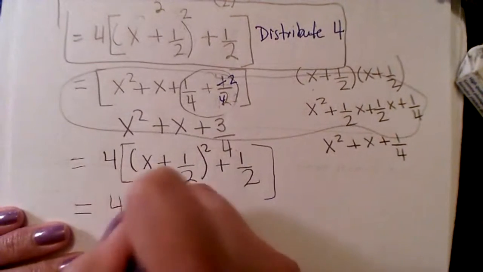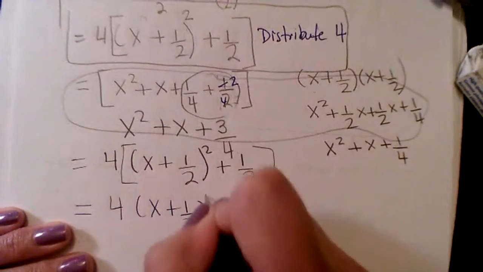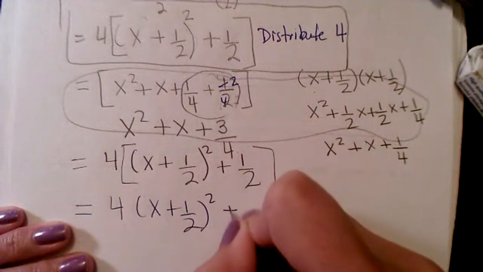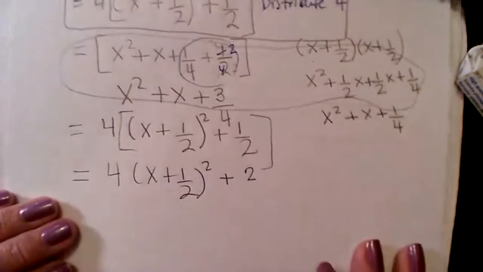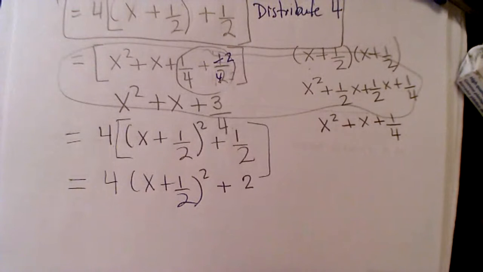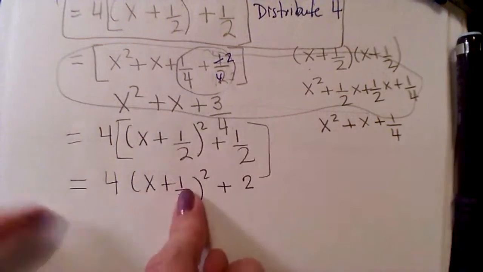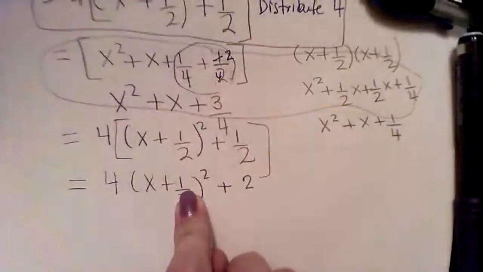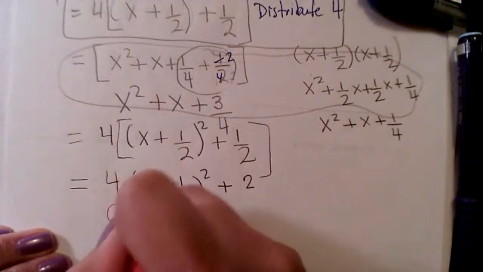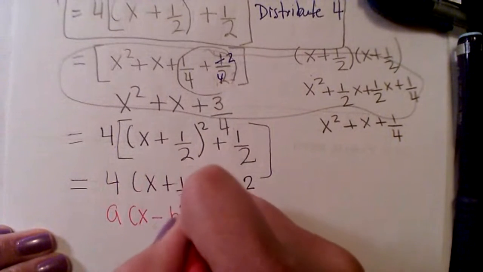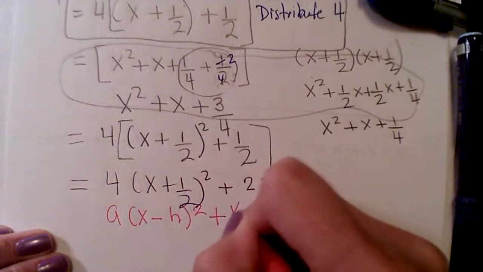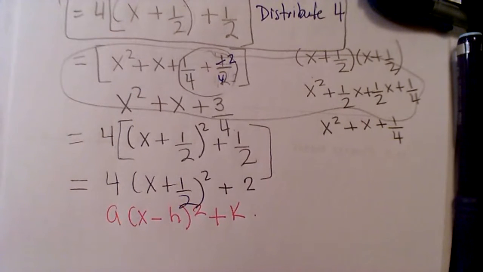And what I get is, what is it? 4/2 is 2. So now this is the same as a(x minus h) squared plus k, right?